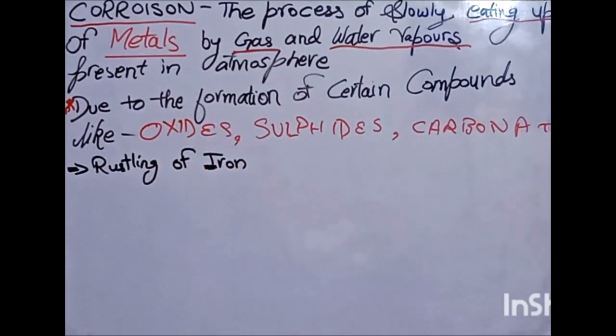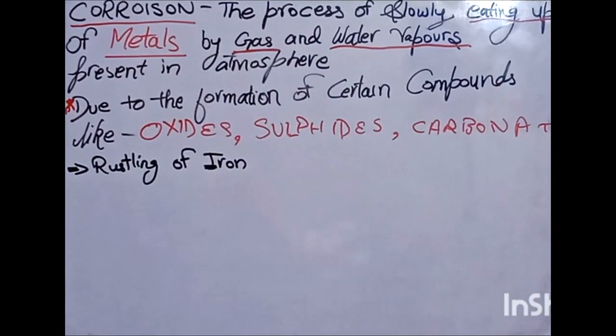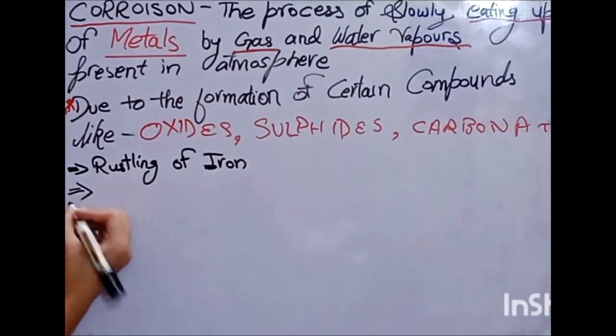Rusting of iron, like I said, brown, the iron which you had now it's brown, it's weak now, it's of no use, and we say that अब तो junk लग गया, अब इसको use करना बेकार है. So that junk लगना is basically rusting of iron. Junk लगना is rusting in English, and that rusting of iron basically means corrosion of metal, because iron is a metal, and when iron reacts with gas and water vapors present in atmosphere, it leads to rusting of iron.